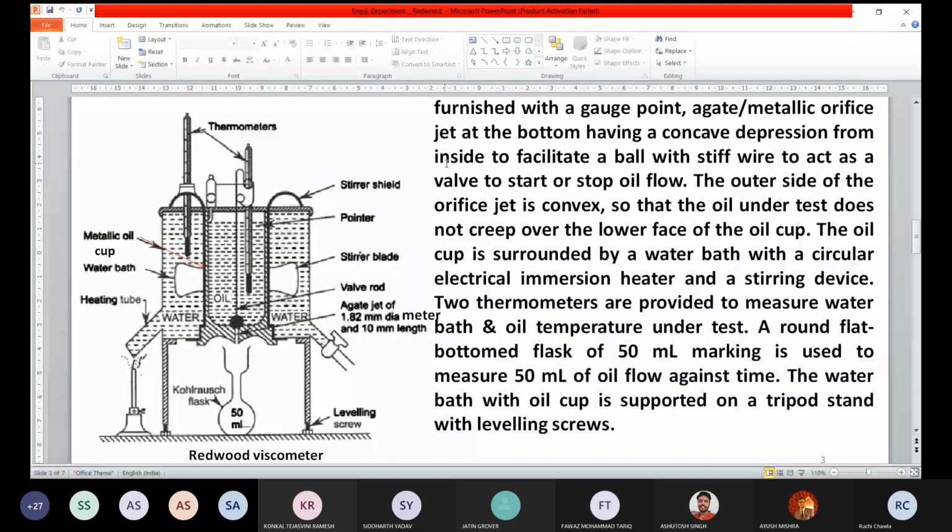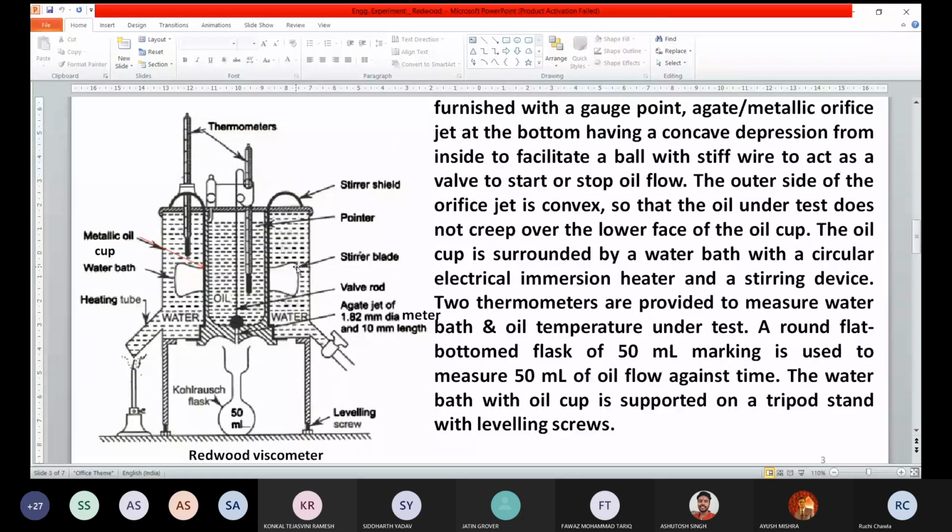So has a picture been framed in your mind? Two concentric cylinders. One is the inner cylinder, which you can call the oil cup. In this, the lubricating oil which has to be tested will be filled, and the outer cylinder is going to be the water bath, which will be used for heating the oil that will be placed in the cup.